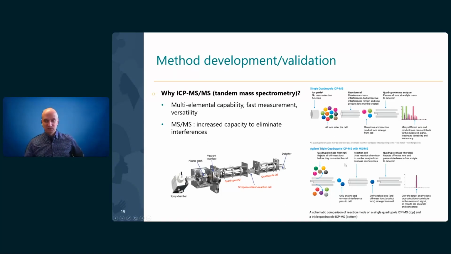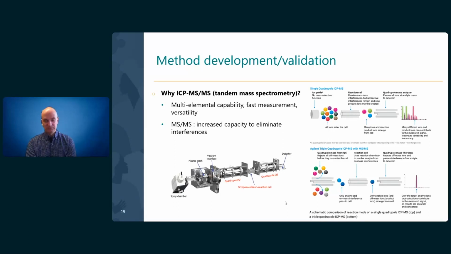When using a triple quad technology, well, you have an additional quadrupole, so Q1, which might be used as a mass filter. So it allows to reject either off-mass ions or interferences.